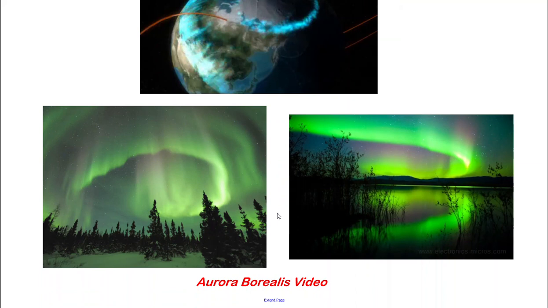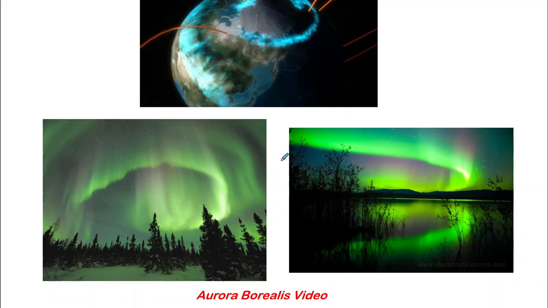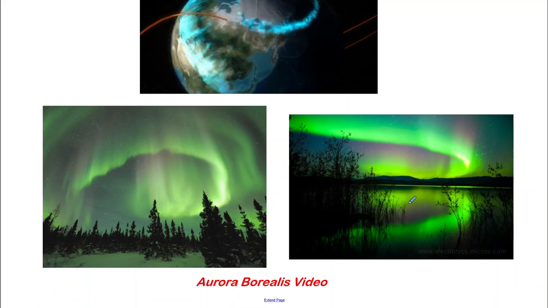Electromagnetic radiation coming from the sun interacts with it and is driven to the poles, where the magnetic field is the strongest. It pulls those in, and then energy from that electromagnetic radiation interacts with the atoms in the atmosphere, giving off other electromagnetic radiation, which we call light, and we can actually see. So it's a good way to pull together a bunch of different ideas that we've talked about.